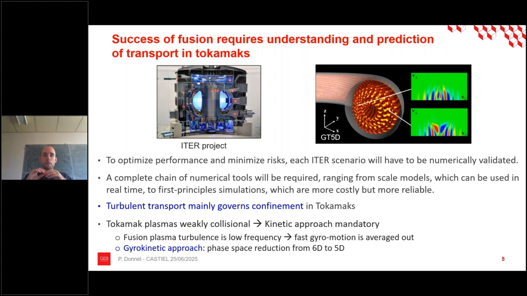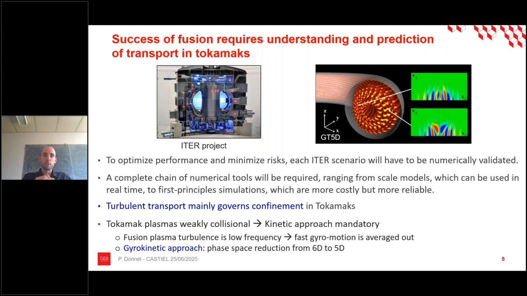And Tokamak plasmas have the specificity that they are weakly collisional due to their really high temperature, and so they cannot be described by a fluid approach. So we need a kinetic approach. A priori, we should go in 6 dimensions.